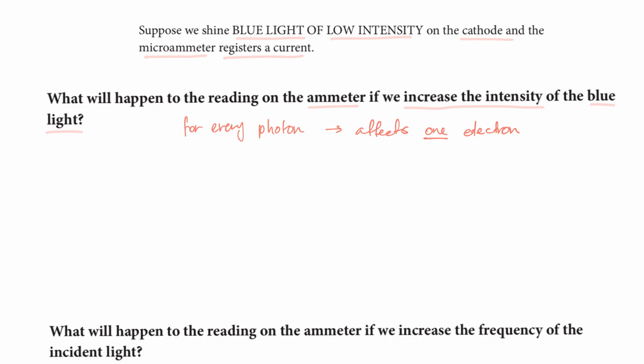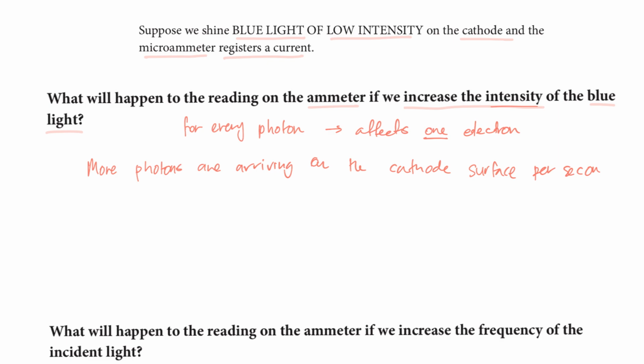Now, if we increase the intensity, we know that an increase in intensity means more photons are arriving on the cathode. Please understand that when you answer these types of questions, you must answer fully.